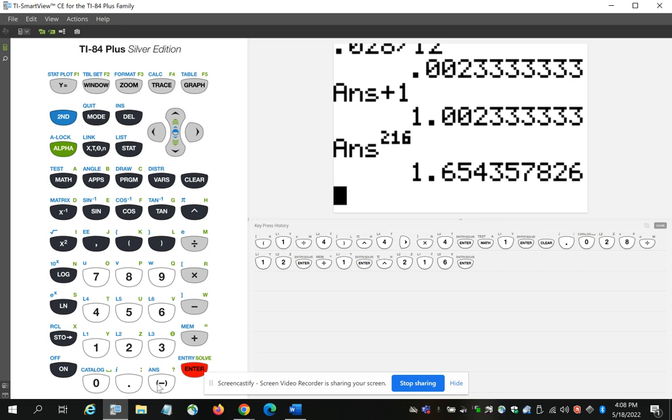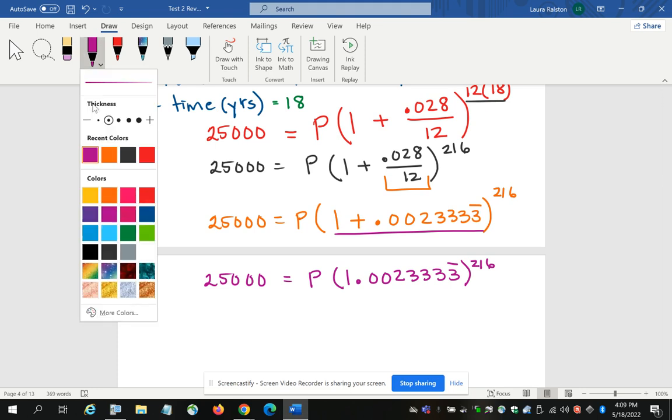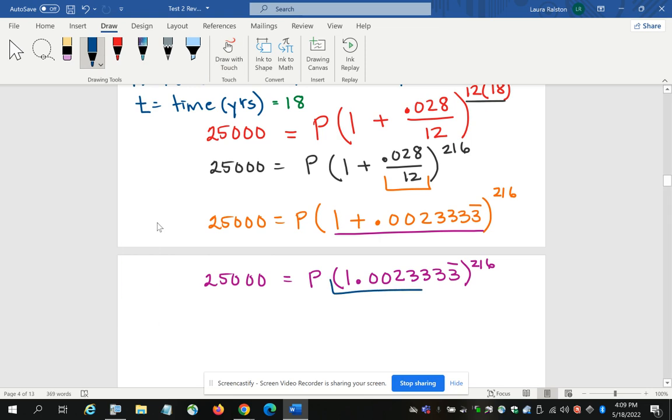1.654357826. Again, notice that I'm not rounding. You don't want to round until you get to the very last step. Okay, so at this point, we have raised this to the 216th power. So we have 25,000 equals P times 1.654357826.